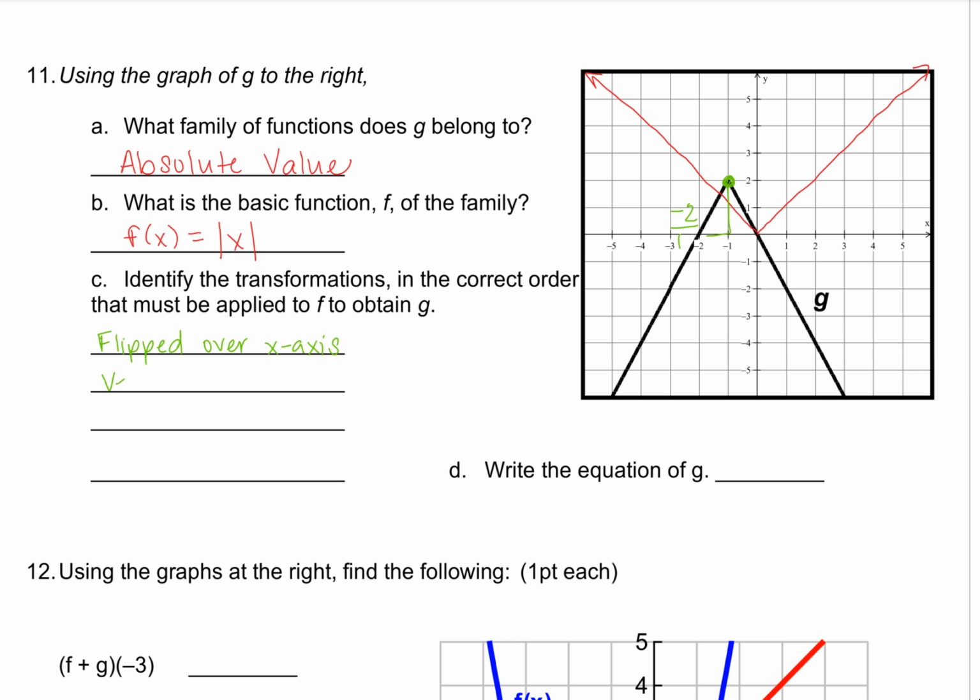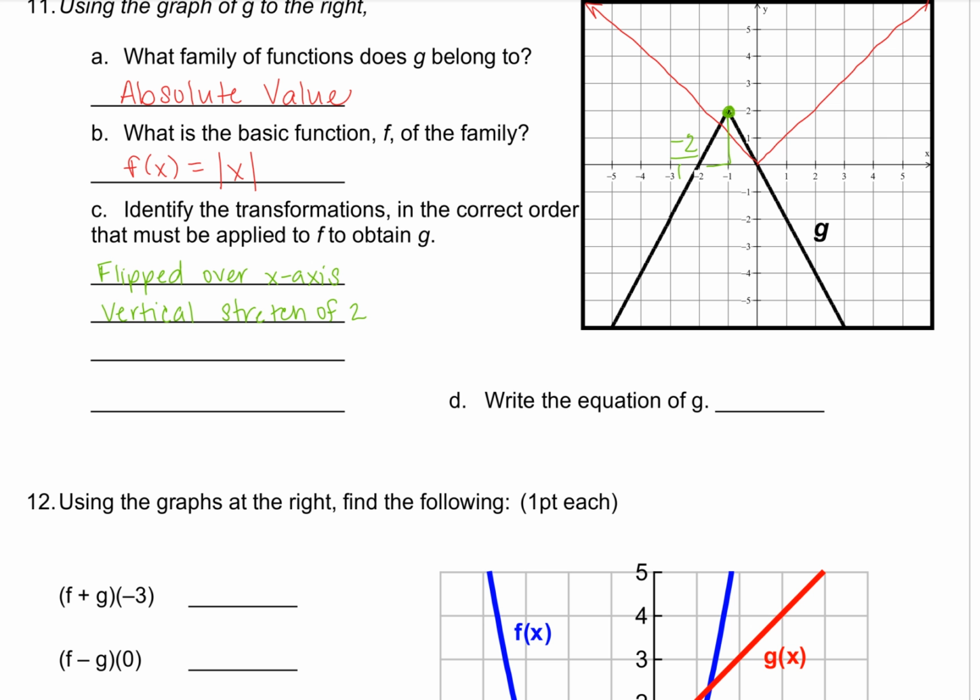It has a vertical stretch of 2. It's not negative 2. That negative made the flip. The stretch is just the 2, the number. Then I know that it's shifted left 1, and it went up 2 units.